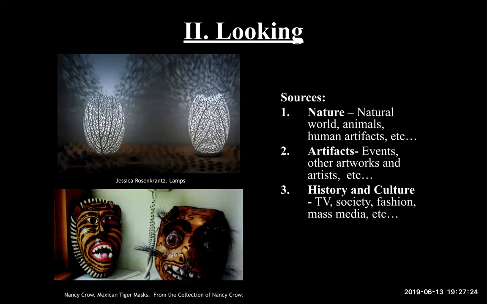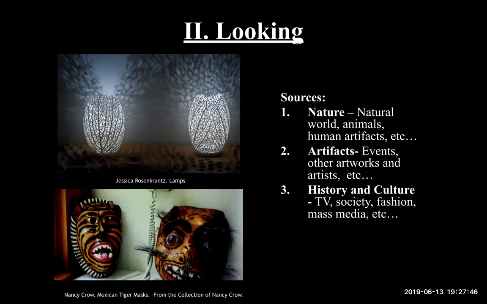So that was all the thinking part, about thinking about your problem and your creative solution to that. Then you want to be looking. You want to look at all the different ways that you might be able to visually solve your problem.